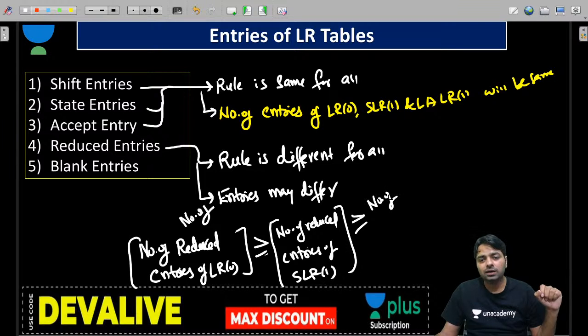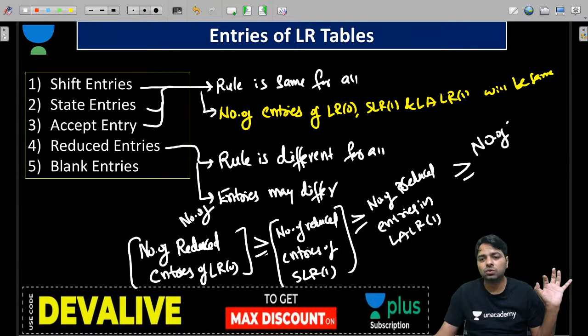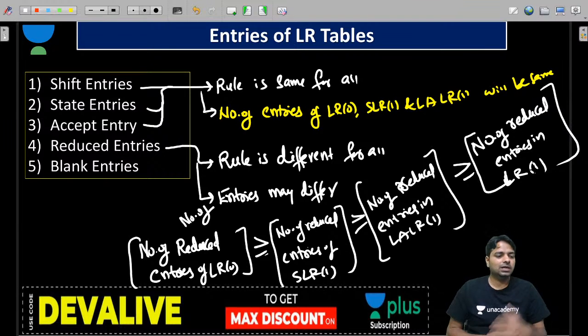Then the number of reduce entries in LALR1 is also greater than or equal to the number in CLR1. Don't forget that. I'm not saying greater, sometimes equal also. LR1 means CLR. So this is how we have the relations, guys. Clear this point?